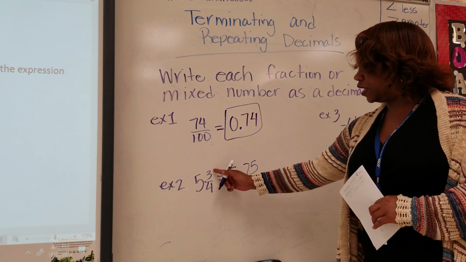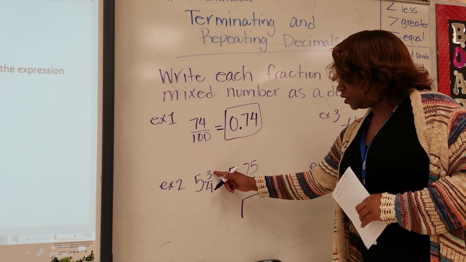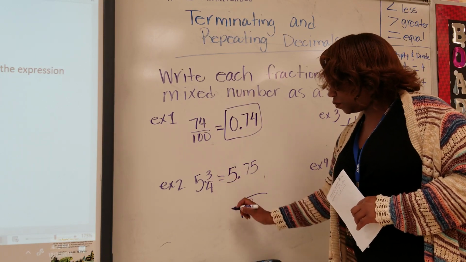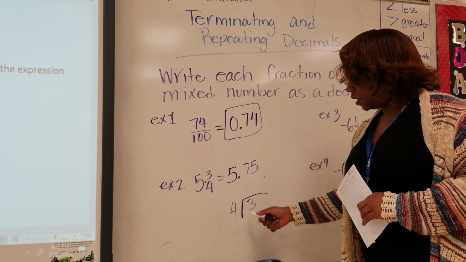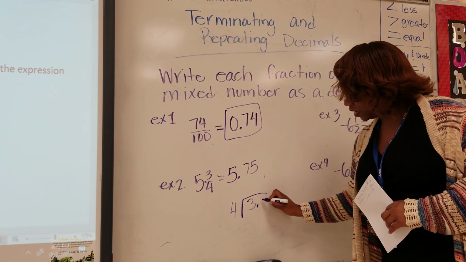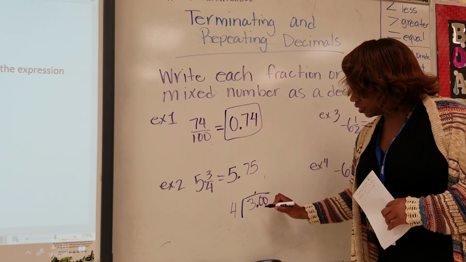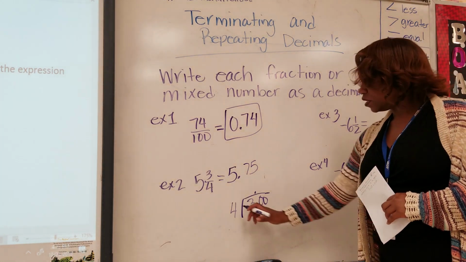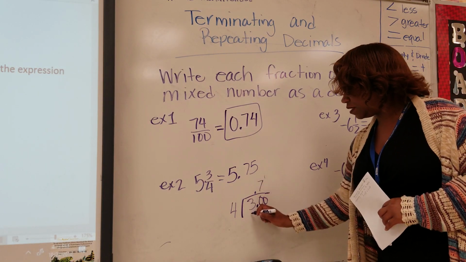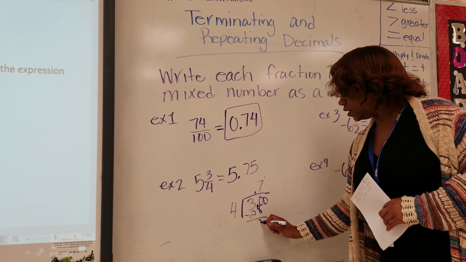Or you could do it in long division. So the 3, the numerator, is going to go inside, the 4 outside. And since 4 cannot go into 3, we're going to have a decimal with 2 zeros. And remember to bring that decimal point on top. 4 does go into 30 7 times. 4 times 7 is 28. 30 minus 28 is 2.